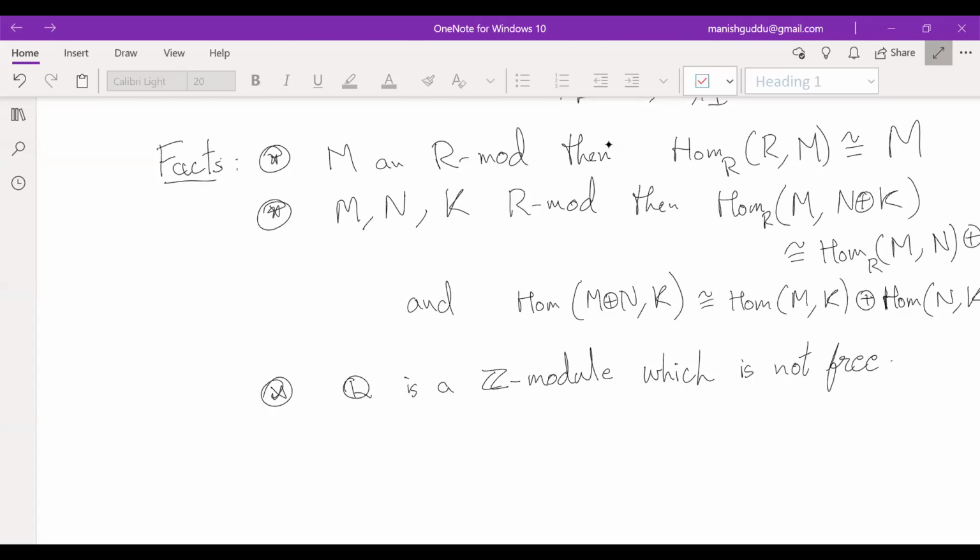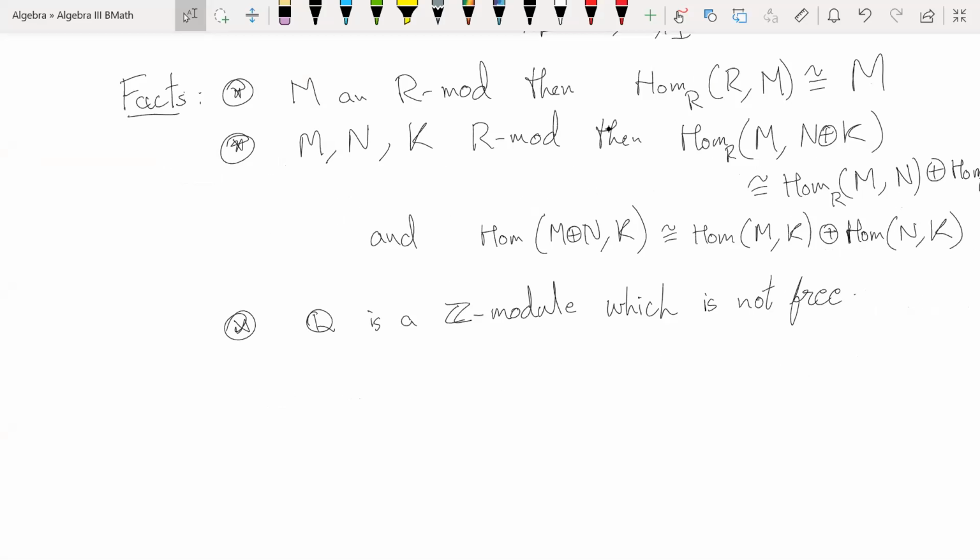So no issues. This also reminds me of one more example before I get to the correspondence I want to talk about.